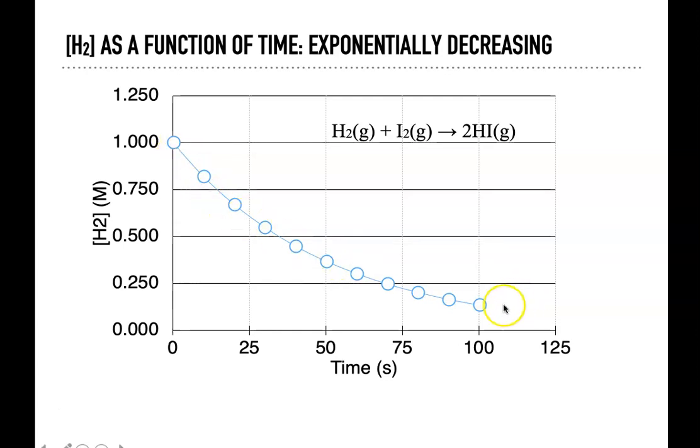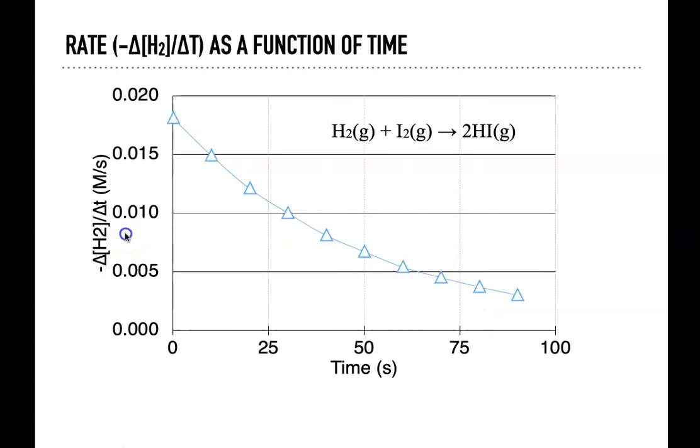Over a time period of 100 seconds, hydrogen is continuously decreasing because it is reacting and being consumed to produce hydrogen iodide. As you see, this has an exponential shape. So hydrogen is exponentially decreasing. We want to see how to represent the reaction rate with respect to hydrogen, and how to interpret this in later slides.